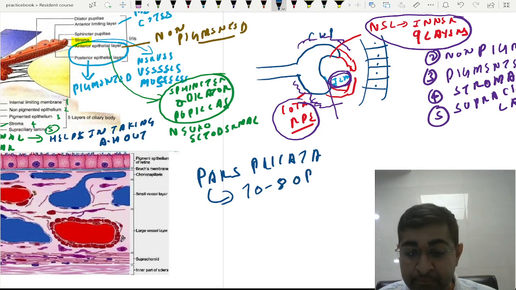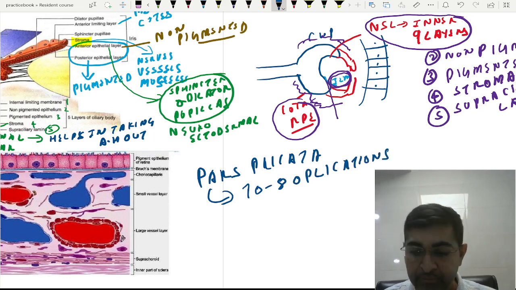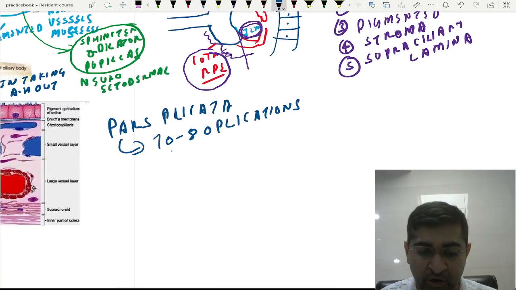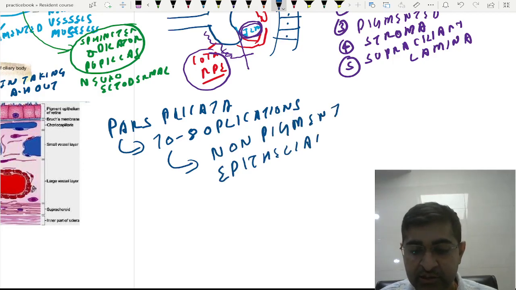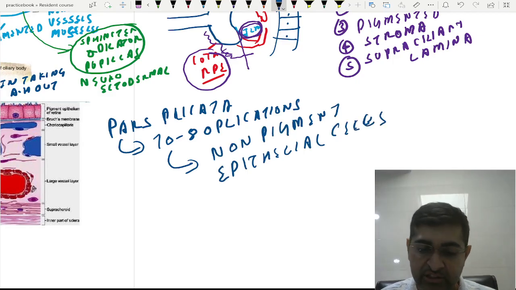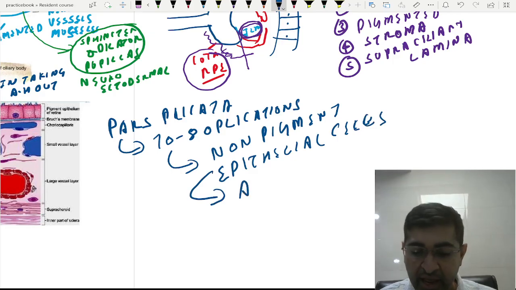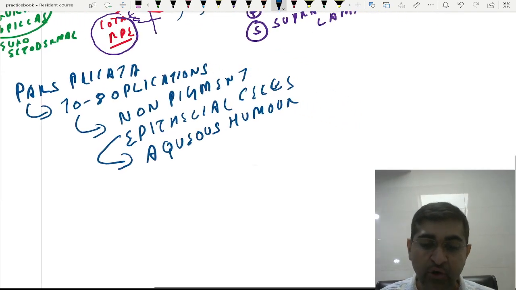There are 70 to 80 plications in the pars plicata of the ciliary body, and it consists of non-pigmented epithelial cells which form aqueous humor.